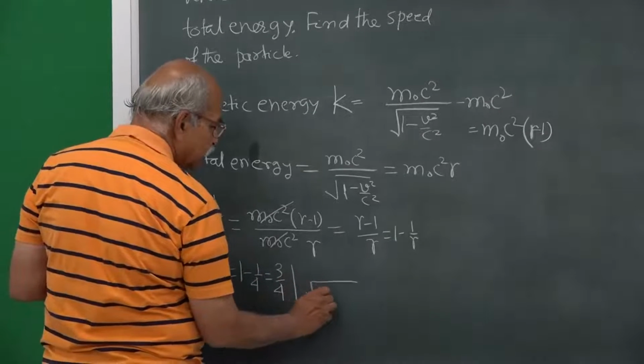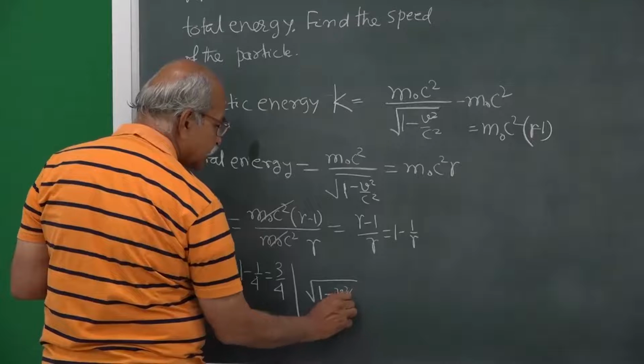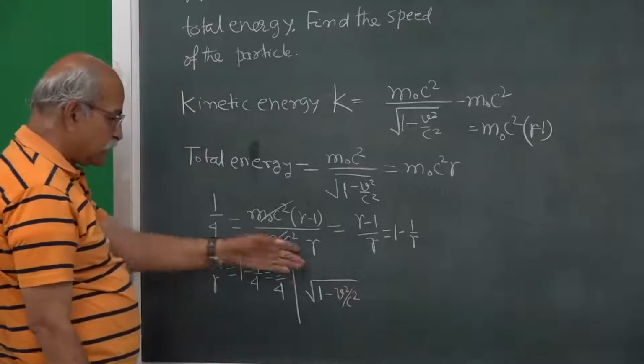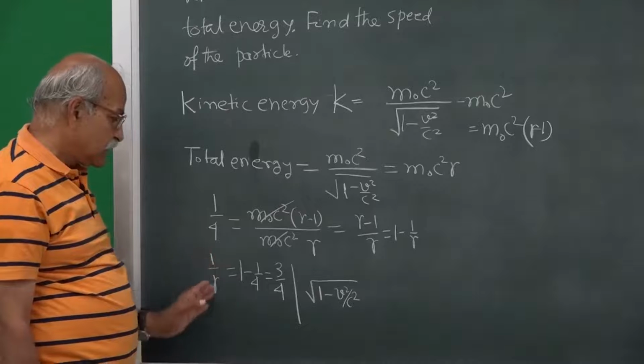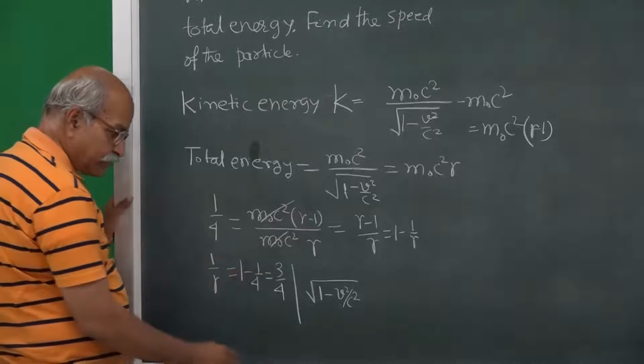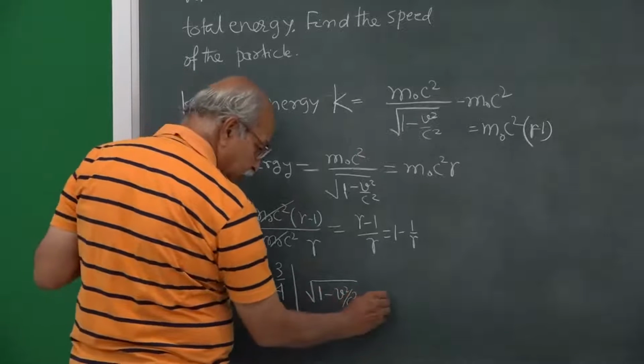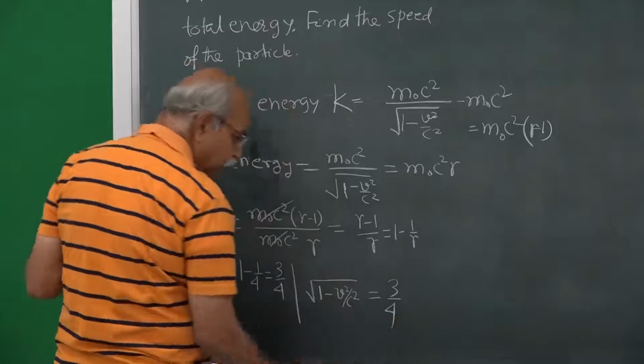It is the square root of 1 minus v square by c square, because gamma is 1 by square root of 1 minus v square by c square. So, this is 1 by gamma, this is equal to 3/4.